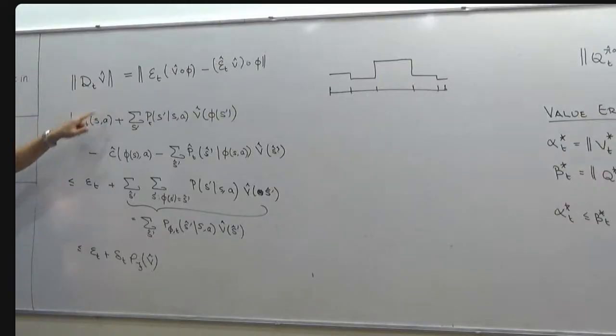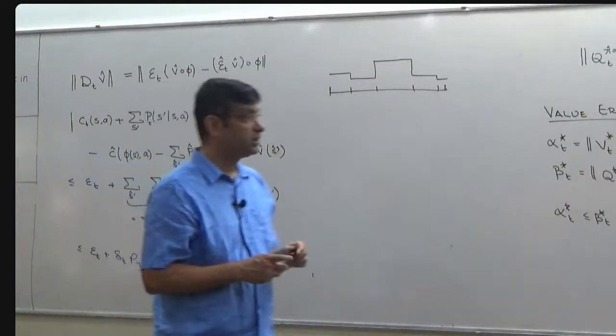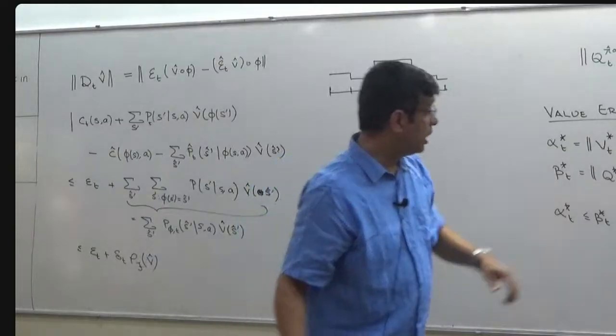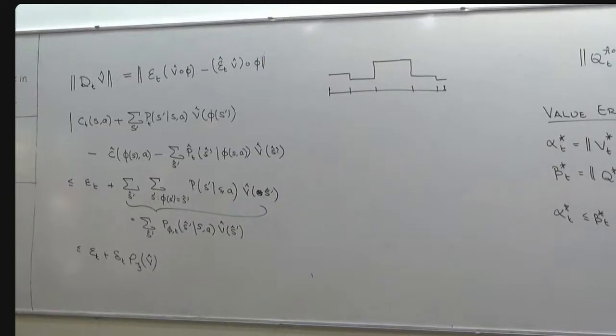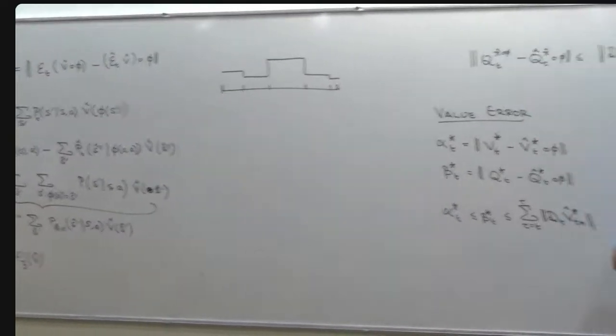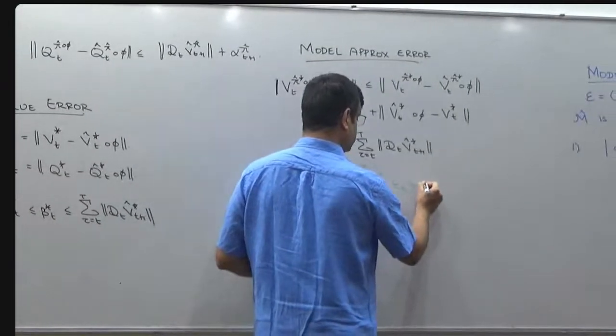Okay. This will mean that if I go to all my results, but let's just do this for model approximation, this guy is going to be less than or equal to twice summation tau equals t to capital T of epsilon t plus delta t rho f of V hat star t plus 1.